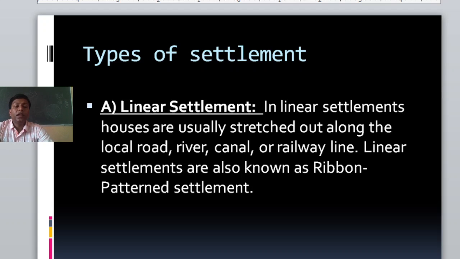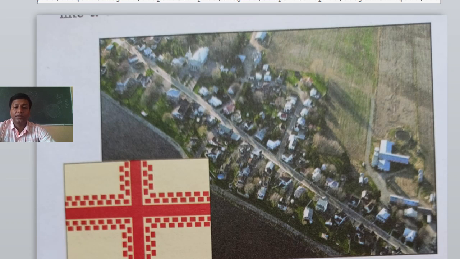So if settlements or buildings are in a row beside a road, river, or canal, it is a ribbon pattern. You can also call it a linear settlement. Look at this picture. Through this road, on both sides of the road there are buildings and houses. So this is all about linear settlement.